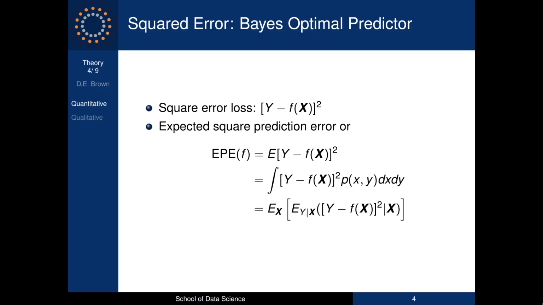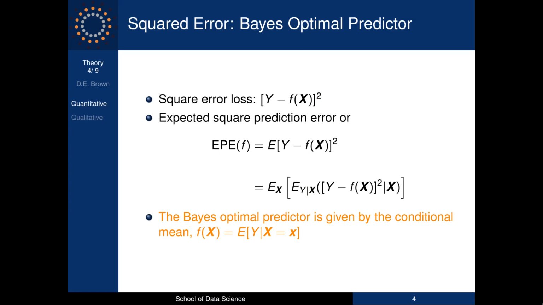We can also write this, as we mentioned before, using these expectation operators. The internal expectation operator is the expected value taken in terms of the conditional probability of y given x. So this is a conditioning argument. And then the outer expectation removes the values of x, so it averages over those values. That gives us the expected square prediction error.